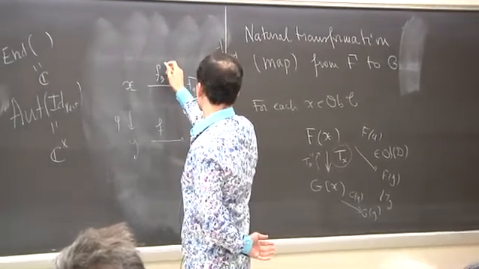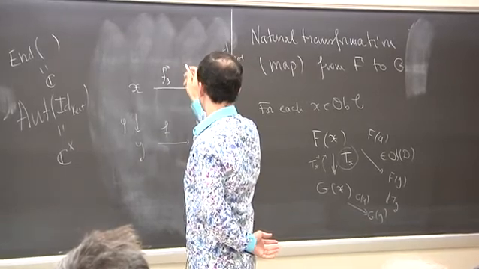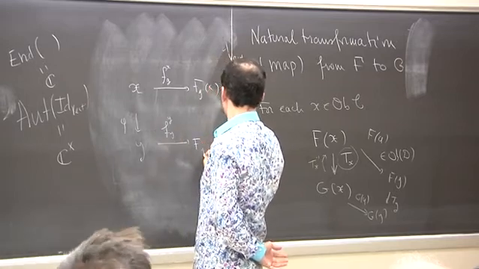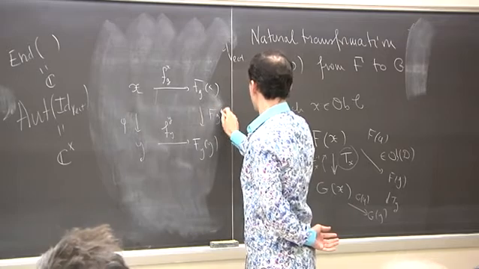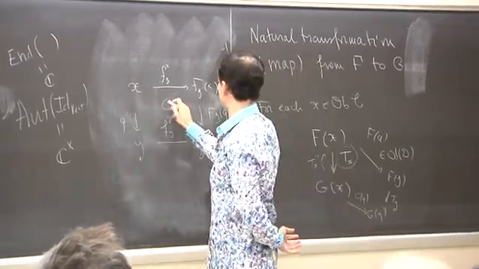Well, this depends on x as well. Now I want to put a dependence, f g y, from y to capital F g of y. F g was a functor, so there's an F g of phi on this side. So we're asking that this should commute.